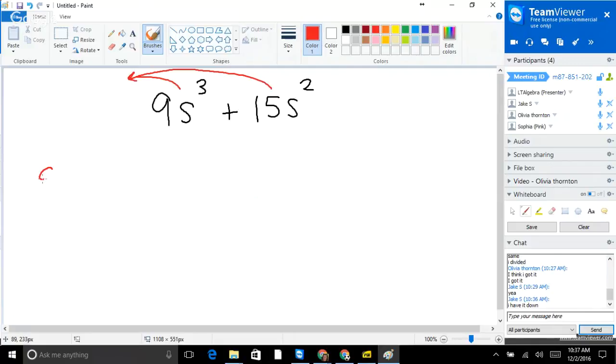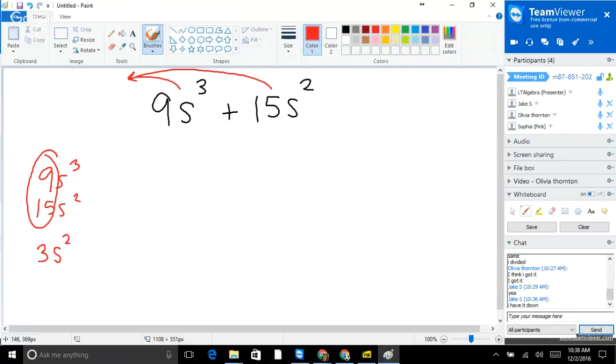First we look at the numbers, 9 and 15. They both share the number 3. Now here's the tricky one. s squared and s cubed, what do they share? You could take an s squared out of both of those.